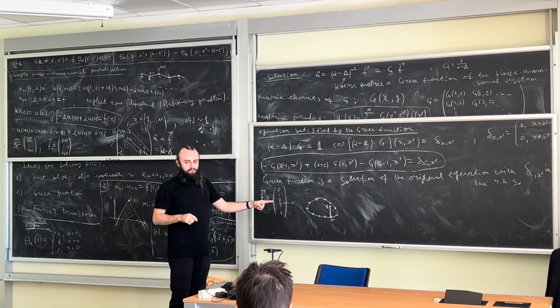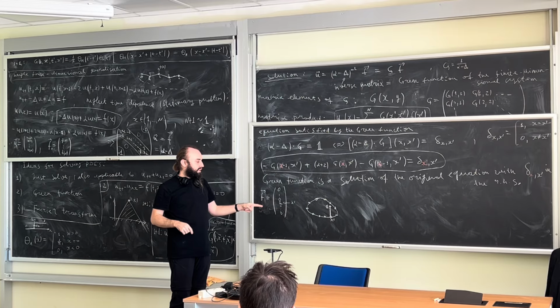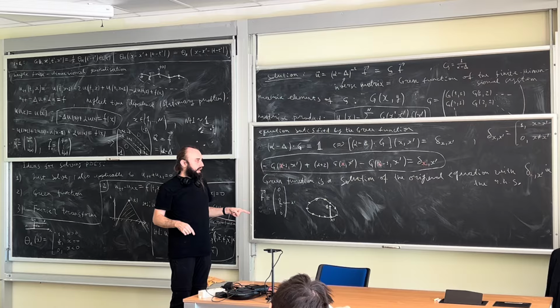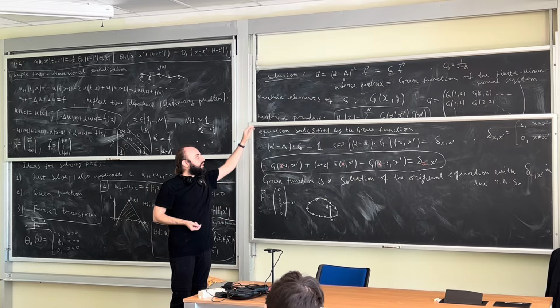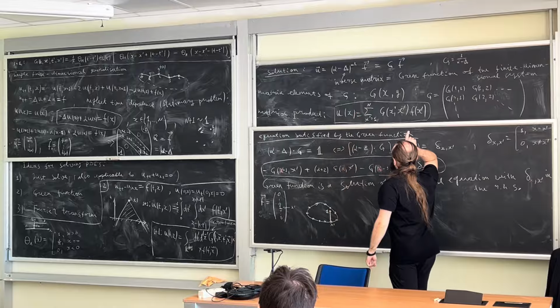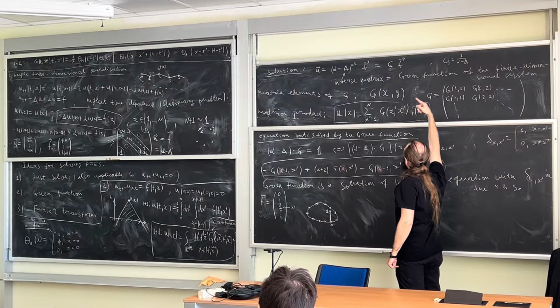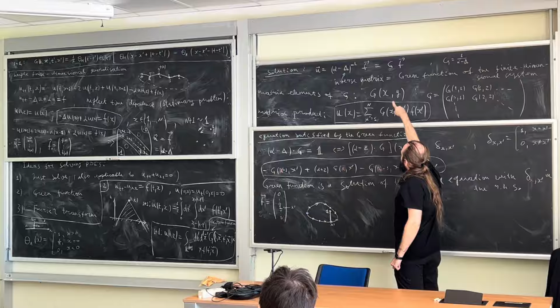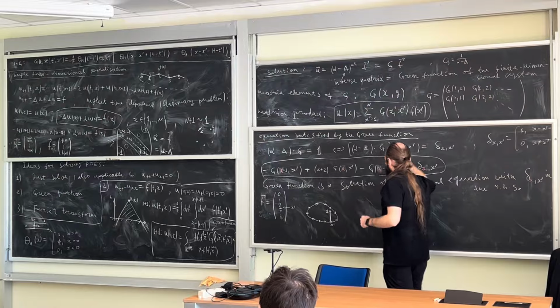So there is a kind of a unit bump at point x prime. And the interpretation of this formula of a solution in terms of a Green function is the following.